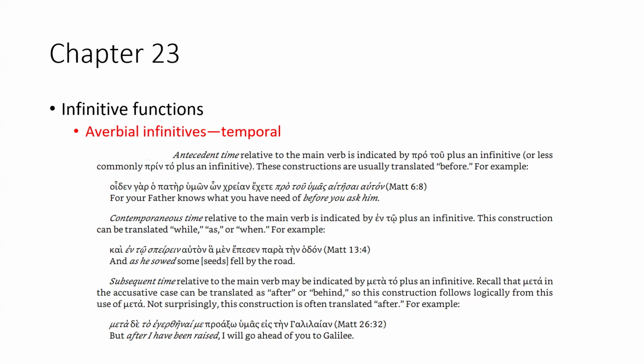Pro tou. Contemporaneous time relative to the main verb is indicated by en to plus an infinitive. This construction can be translated as while, as, or when. For example, kai en to speirein auton ha men epesen para ten hodon. And as he sowed, some seeds fell by the road.